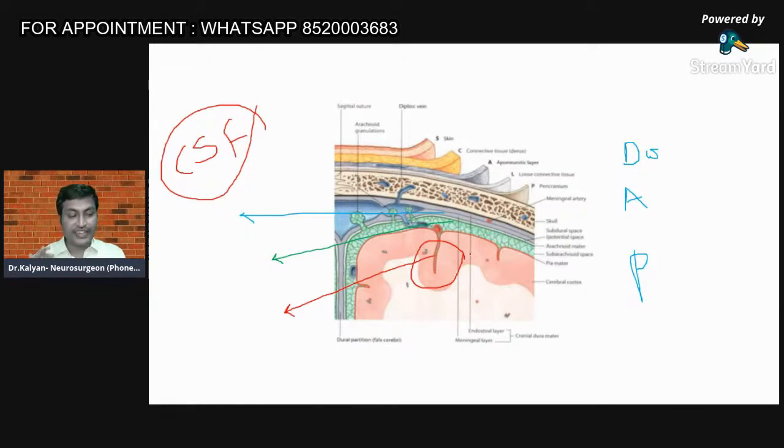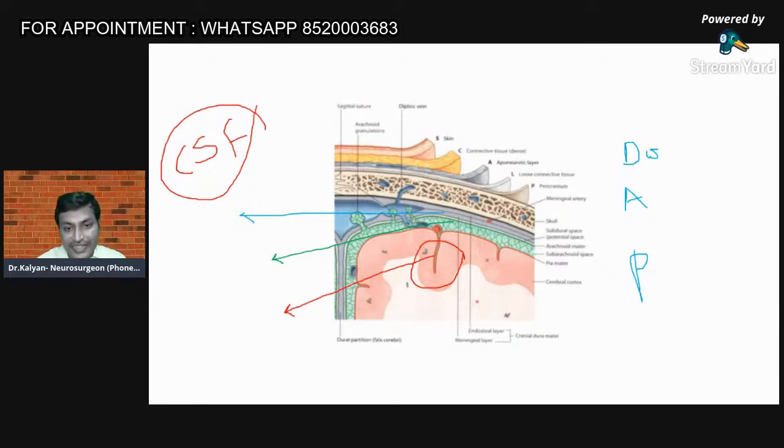Subdural bleed, will it enter into the sulci? No, right. As Dr. Harsh has said, a subdural bleed doesn't enter into the sulci.